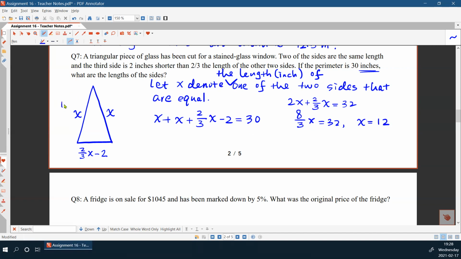So we know this side is 12, and we need to calculate the third side. This is 2/3 times 12 minus 2, which gives us 6.